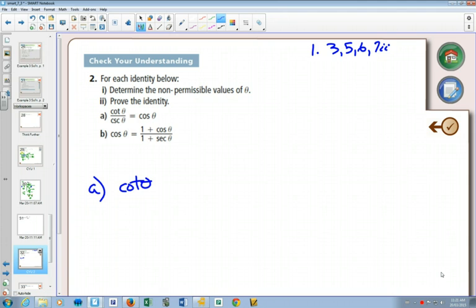So for part A, cotangent theta is the same as cos of theta over sine of theta. So we can't have sine of theta equals 0. That would be bad.